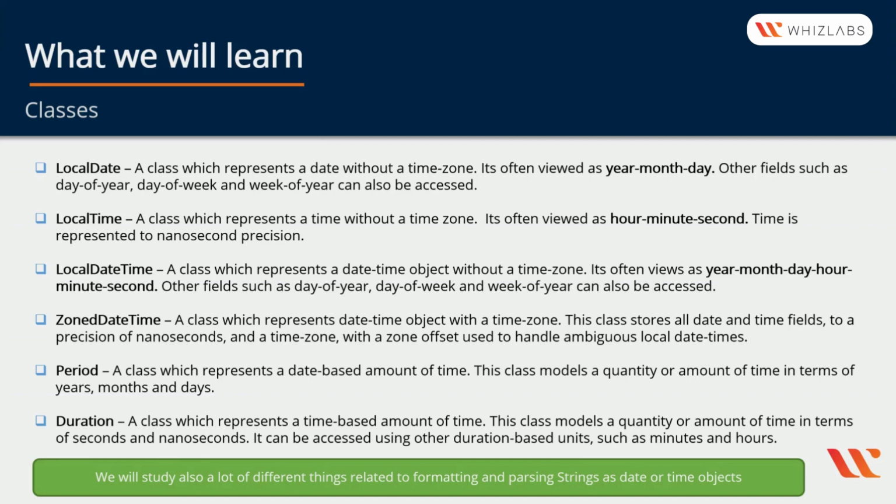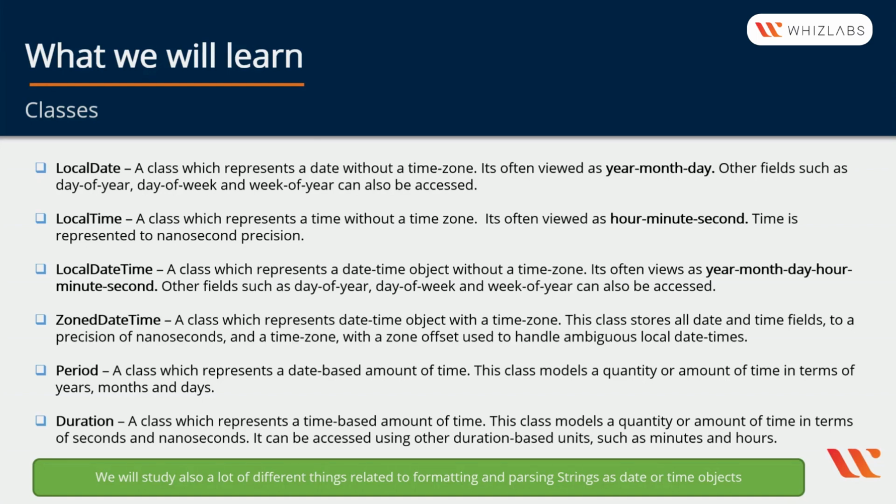A Period is a class that represents a date-based amount of time. This class models a quantity or amount of time in terms of years, months, and days. A good example of Period is, for example, 1 year, or 3 months, or 5 days, or 1 year, 3 months, and 5 days.